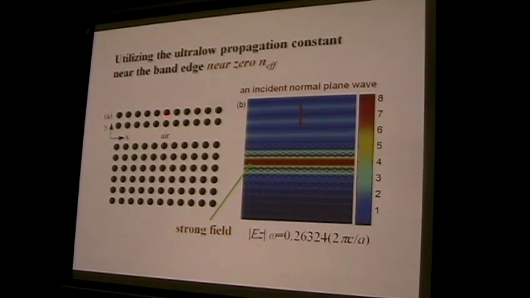And we only need to keep two rows of the dielectric rods here, and then the light vertically hitting this structure will squeeze into this region. You see very high intensity here.